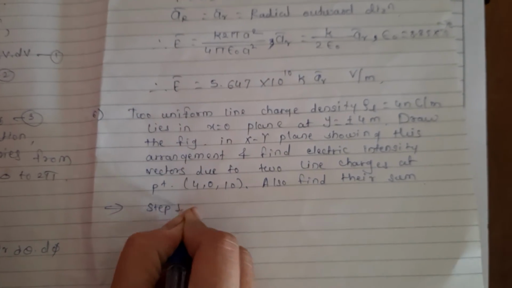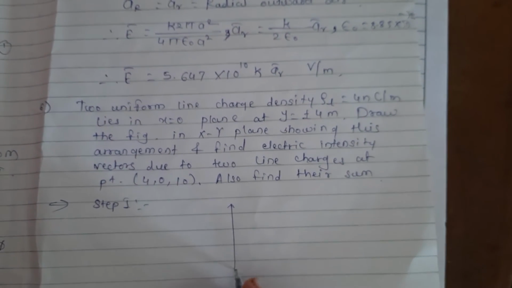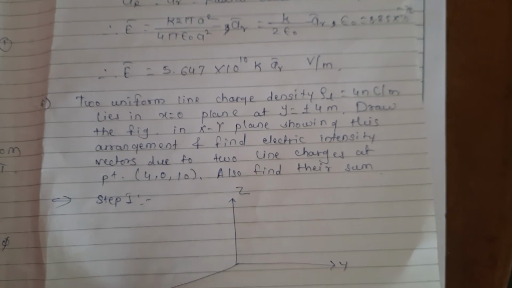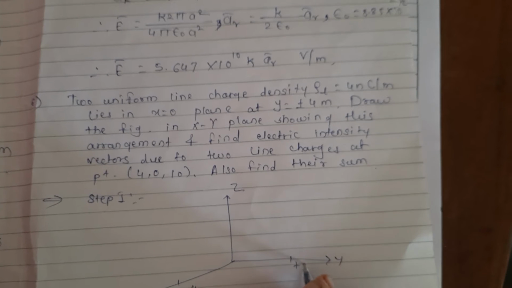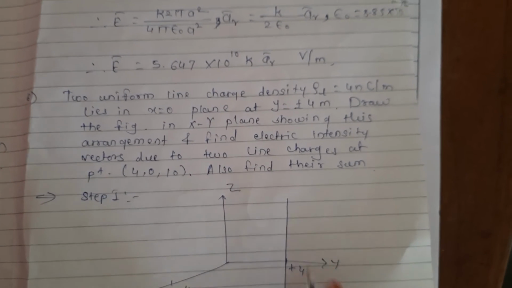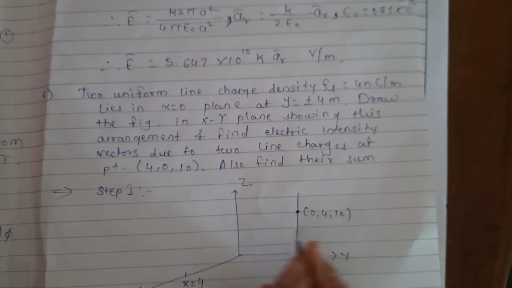Step 1. This is Z, Y, and this one is X. Here it is x is equal to 4, it is also plus 4. This point is 0, 4, 10.